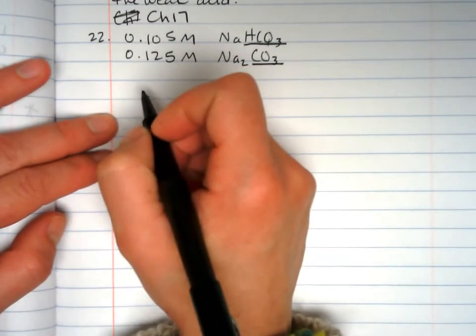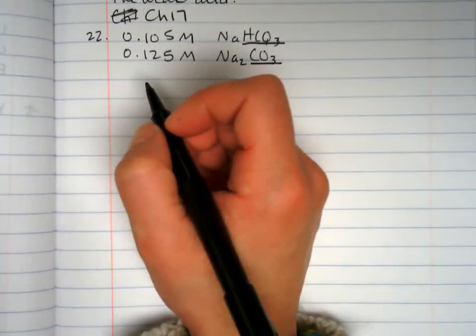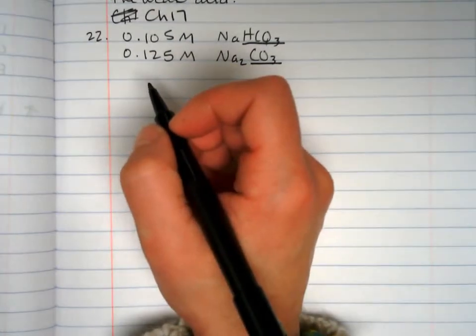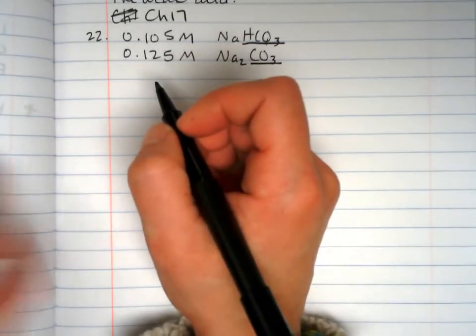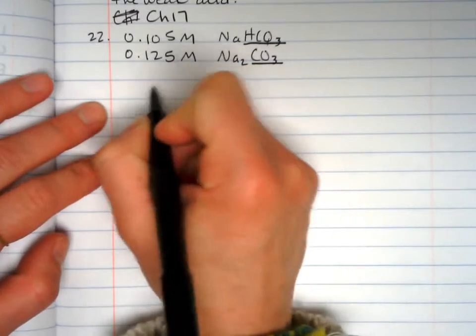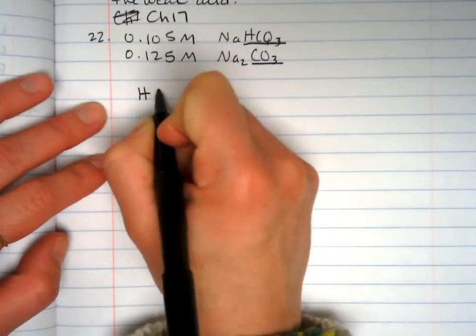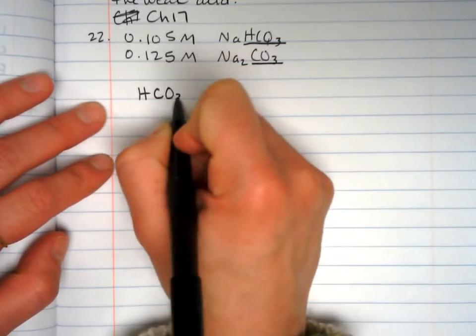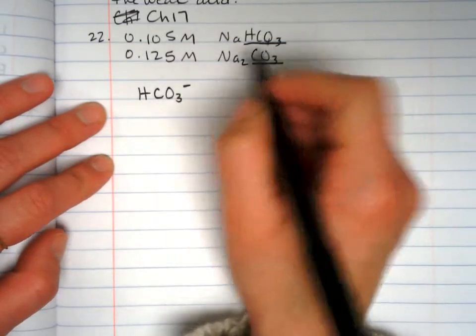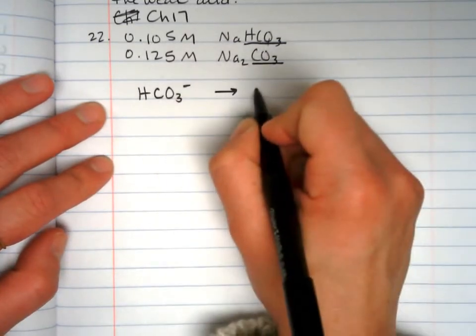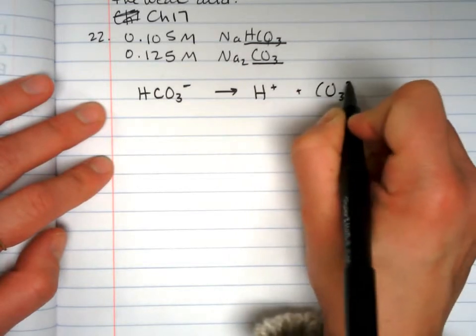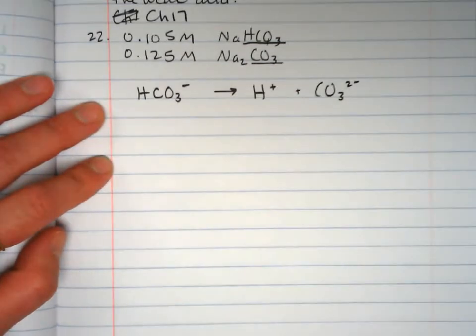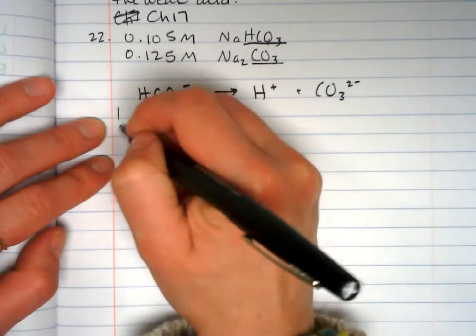With this type of problem, I could set up an ice table with the acid breaking down. So I have HCO3 minus, and I know it's going to break down into H plus and CO3 2 minus.